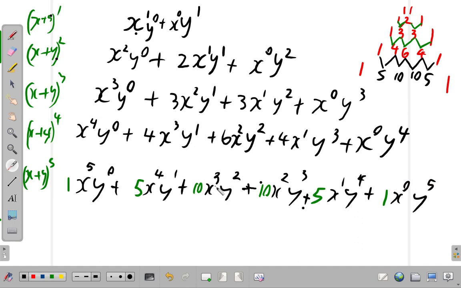Now, suppose we want to expand x plus y raised to the power of 6. What would we get?